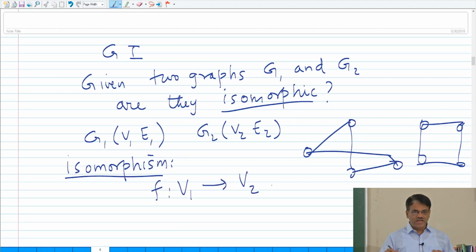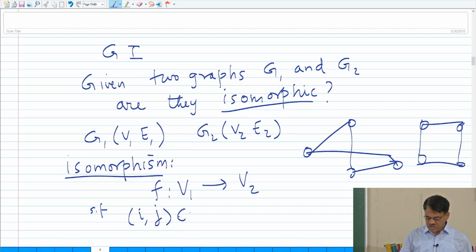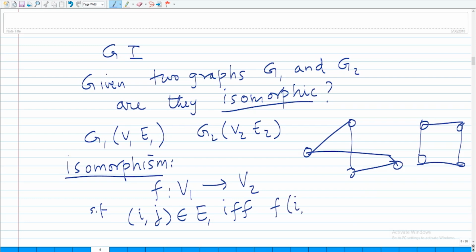For every vertex here, I should have a corresponding vertex there. That's a mapping with the property that whenever you have an edge (i1, i2) here, (f(i1), f(i2)) must be an edge.